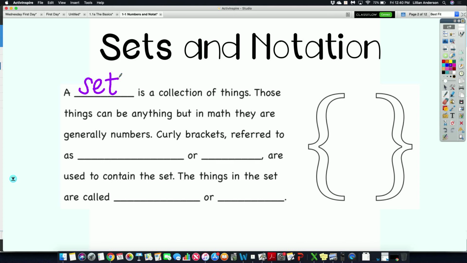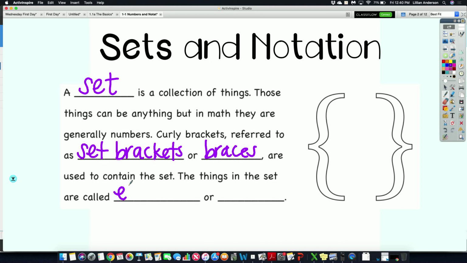Curly brackets, which are what you see off to the side, are referred to as set brackets or braces, and are used to contain these sets.